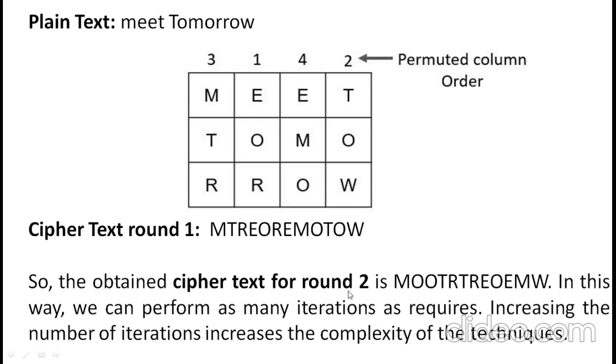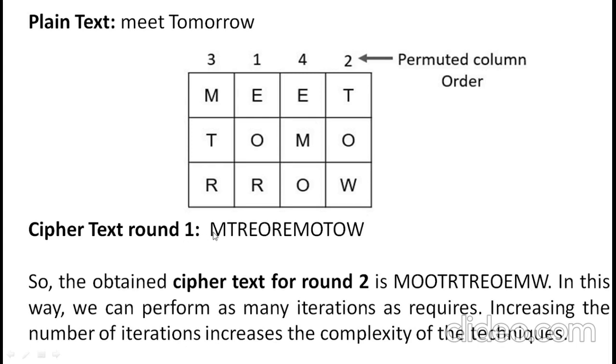The ciphertext obtained for round 2 is MOOTRTREOEMW. This is the way we can perform as many iterations as required. Increasing the number of iterations increases the complexity of the technique.